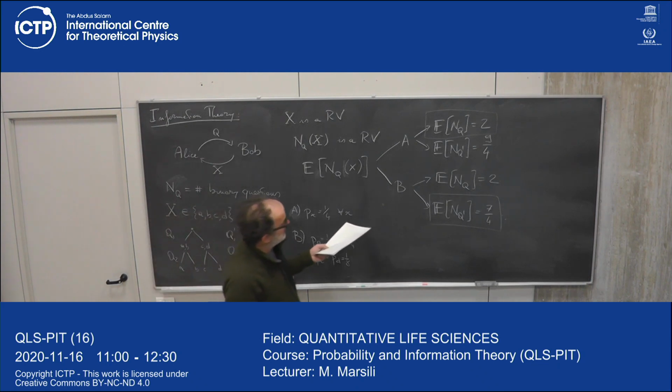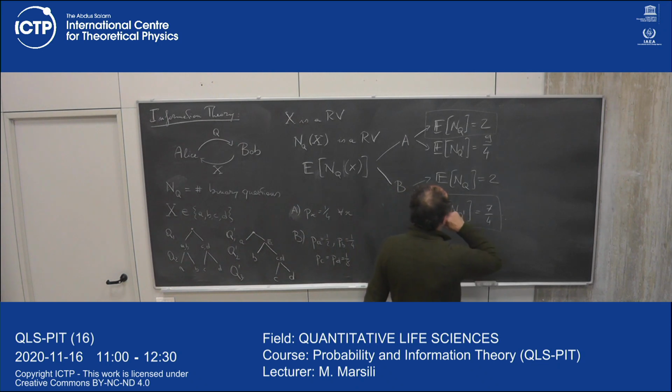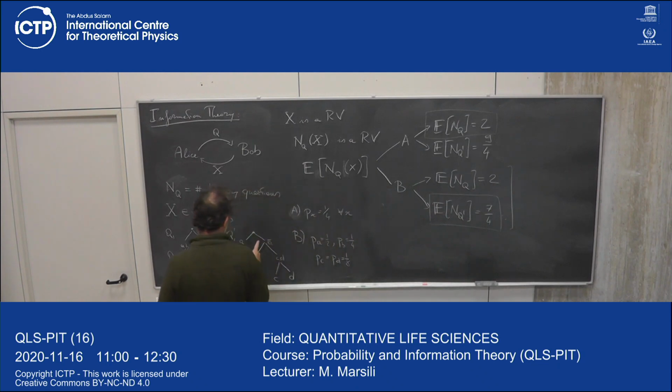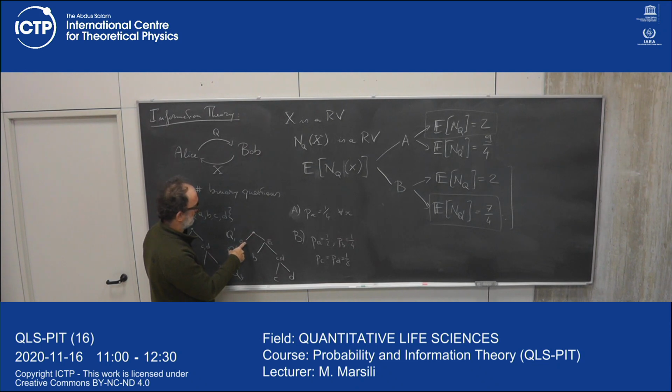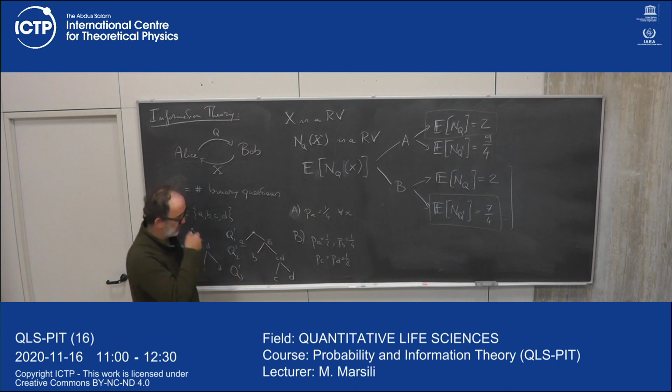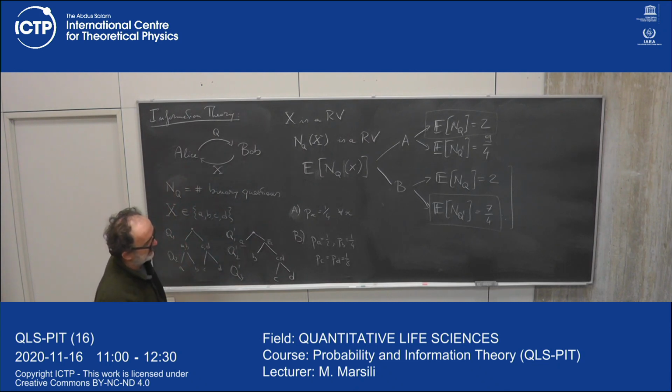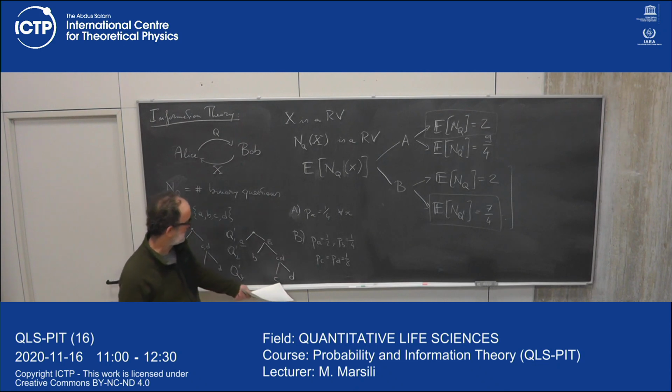Okay. So the other thing is, if you look more closely at this result, then you see that the answers which are most likely should be the ones for which you have to ask fewer questions, okay? And the ones which are less likely are the ones for which you want to ask more questions.